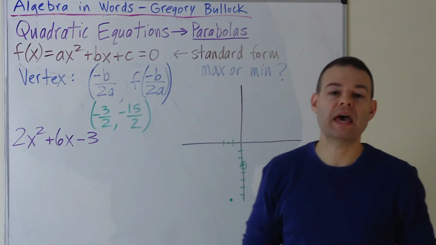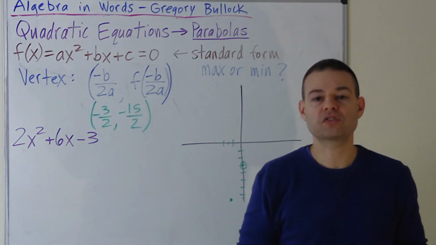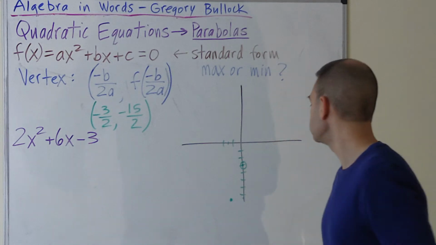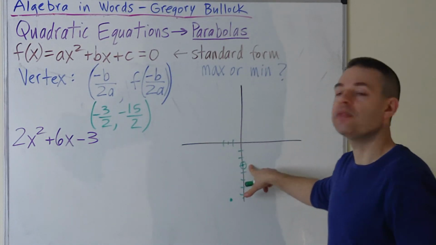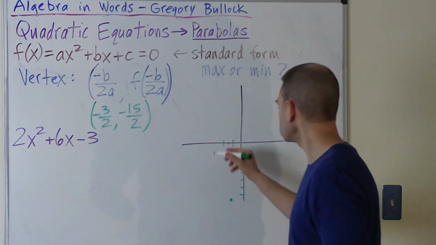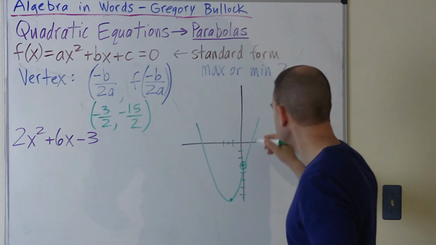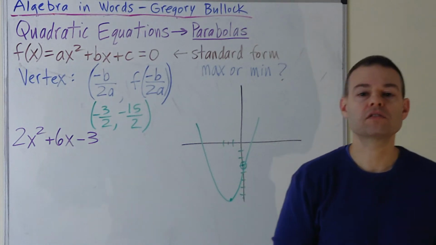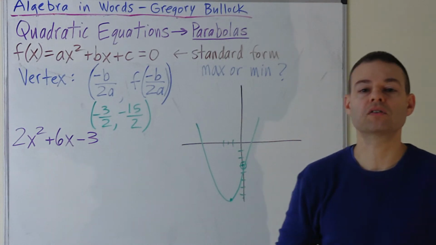And positive a means it opens upward. So let's draw a basic sketch of the parabola opening upward, and let's make sure that it passes through the y-intercept. Okay, this is just a basic sketch. It's not exact, but it gets the idea across.